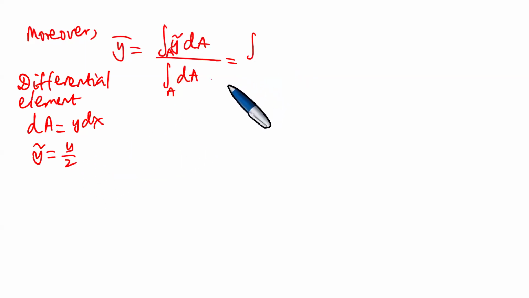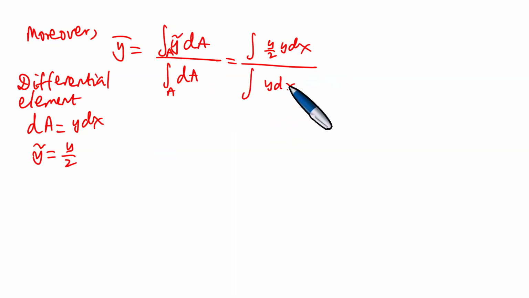Right, so at this point, what is y tilde? It is y out of 2, and what is dA, the differential element? It is y dx. You divide everything by the integral of y dx, which is the differential element for dA. And now we are dealing with the dx here.